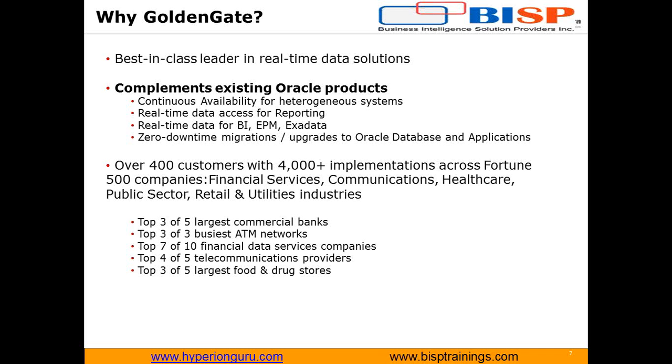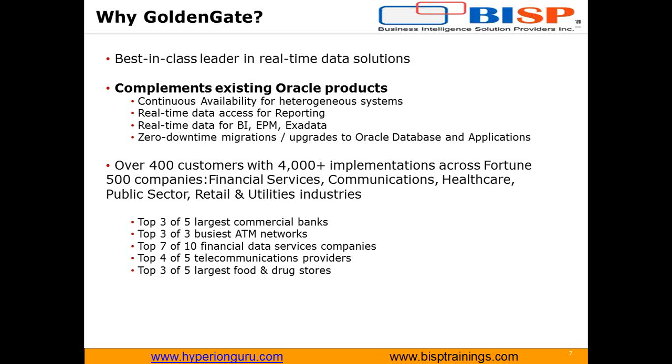Now, real-time data for BI, business intelligence, EPM and Exadata. So it also works and complements your business intelligence tools. And in today's world, Goldengate along with ODI solution is the best in the market. It also provides the option of zero downtime migration and upgrades to Oracle database and applications.